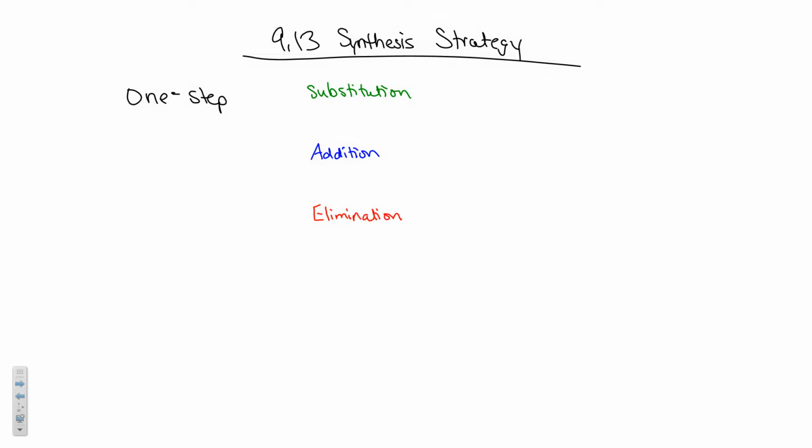These are our categories so far when we talk about one step. For substitution, this is SN1 and SN2. For addition, these are all of our reactions that we've discussed in Chapter 9. And elimination is E1 and E2.